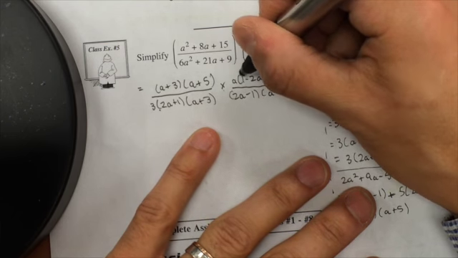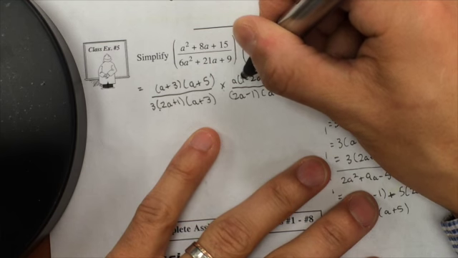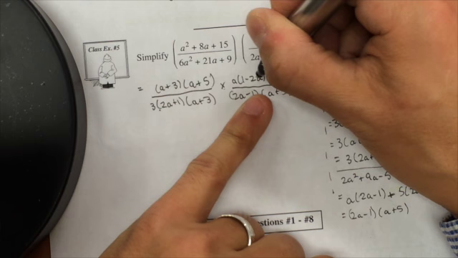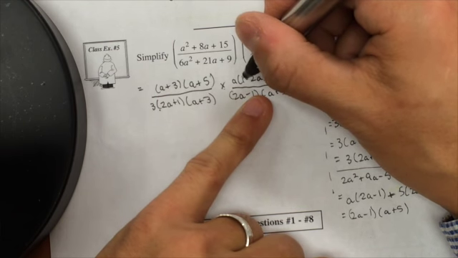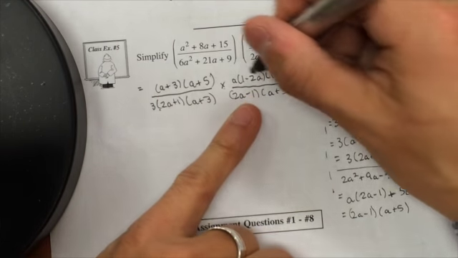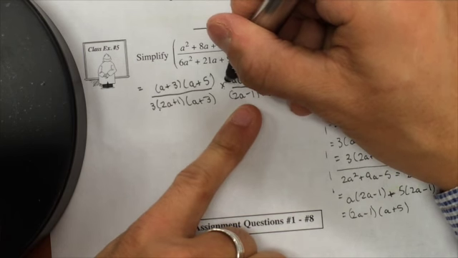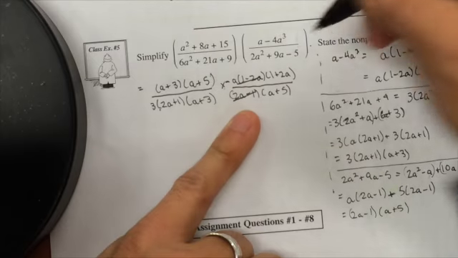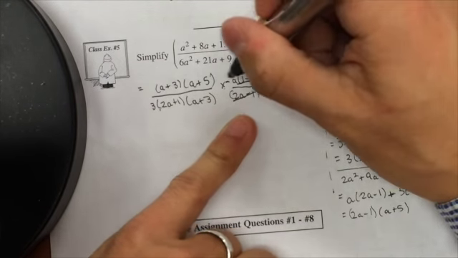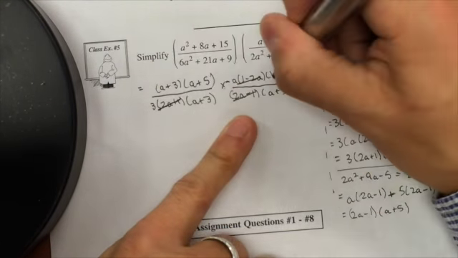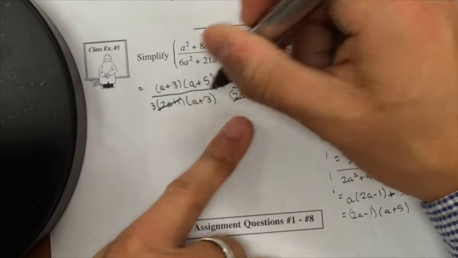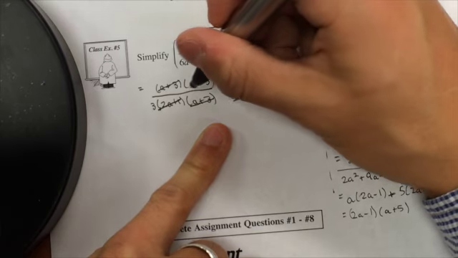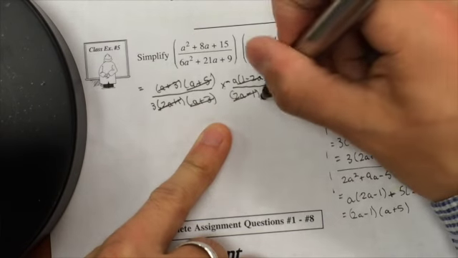I'll have to bring out a negative 1 in order to factor this and turn it around and make it 2a minus 1, because right now it's negative 2a plus 1. But if I bring out that negative 1, then it'll make this a negative, but it'll cancel out this on the top and bottom. And so I'll cancel out these terms since they're similar. I have an a plus 3 here and an a plus 3, and I have an a plus 5 and an a plus 5.